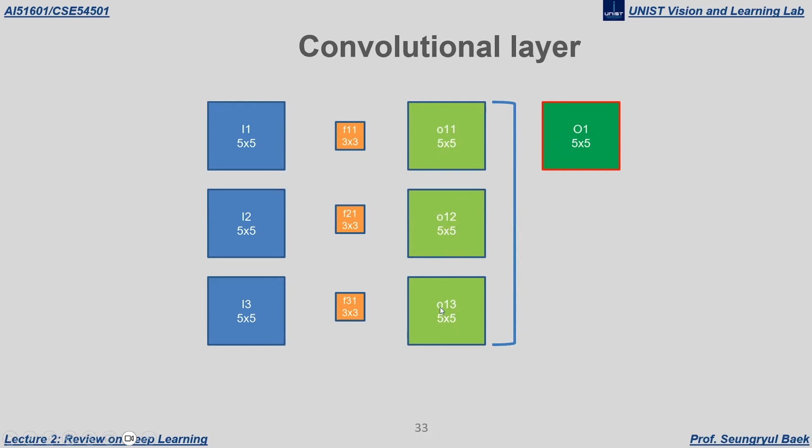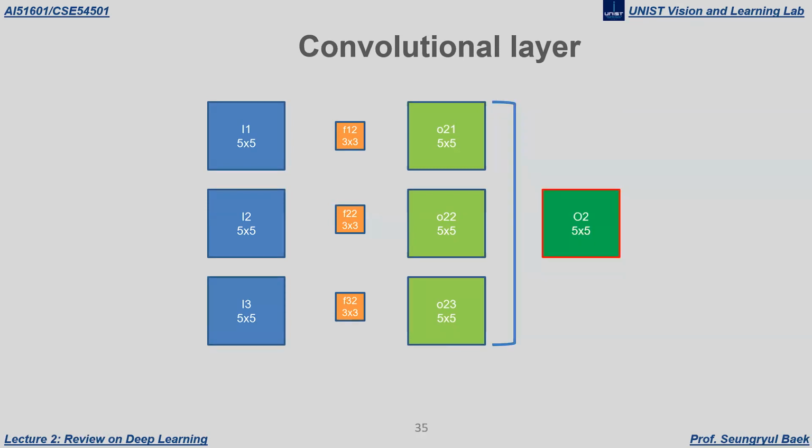So O1 denotes that they are used for outputting the output 1, and these 3 are used to eventually output the second final output, okay? But you can see that their filter kernels are distinct from the previous ones. The input images are used the same as before, but the filter kernels are used independently from the previous output, okay?